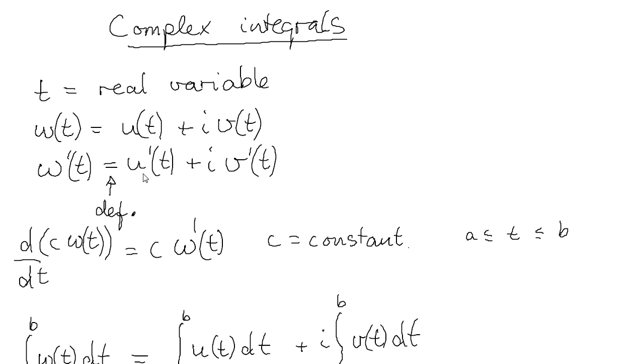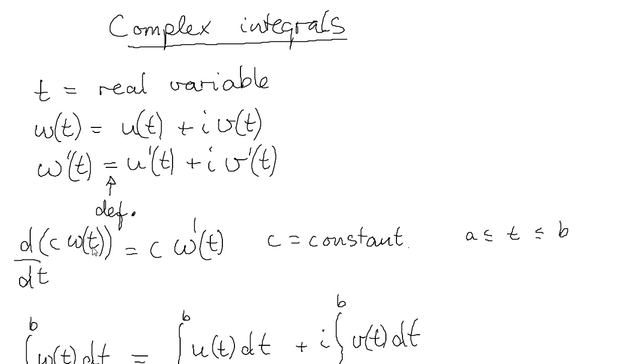Using this definition, it's really easy, by using what we know from real analysis, that the derivative of a constant multiplied with w, when we are taking the derivative of this with respect to t, will be the same as taking the constant out of the differentiation sign like this.